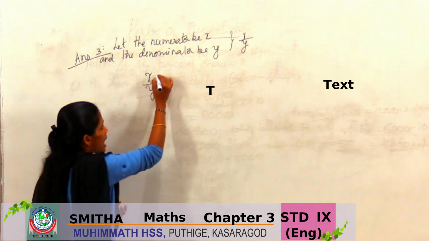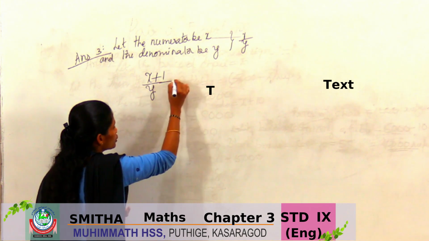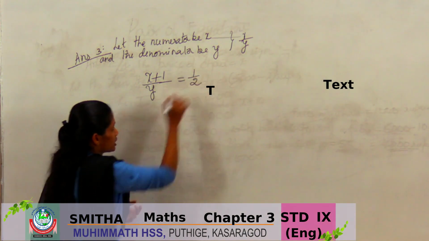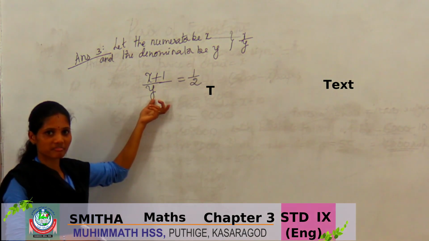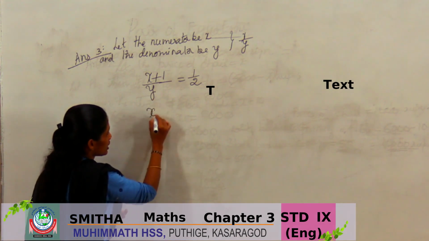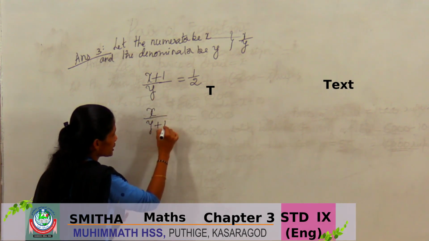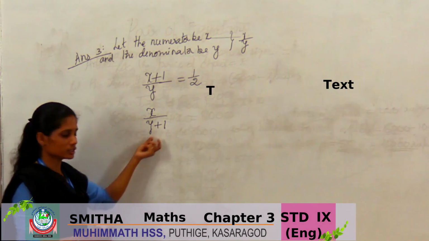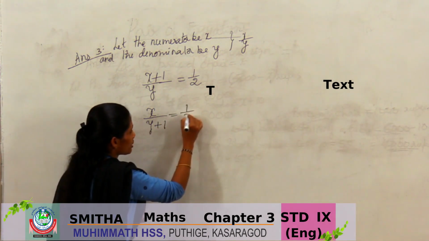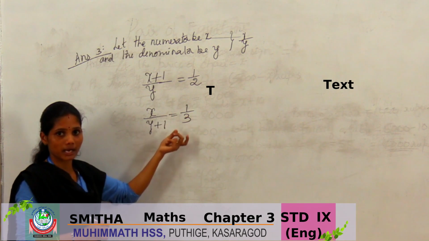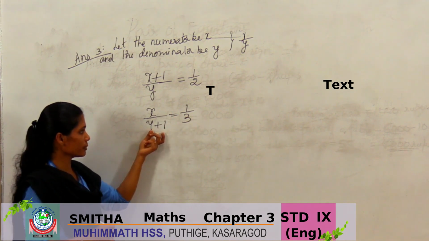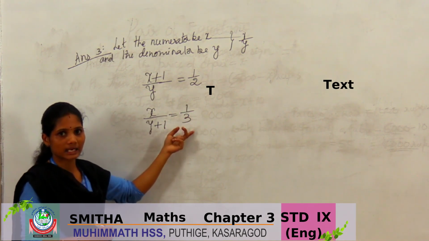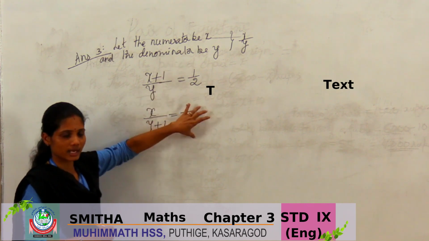It is given that adding 1 to the numerator gives the value half, and adding 1 to the denominator, the value becomes 1 by 3. Let us take this as 1 and this one as 2.